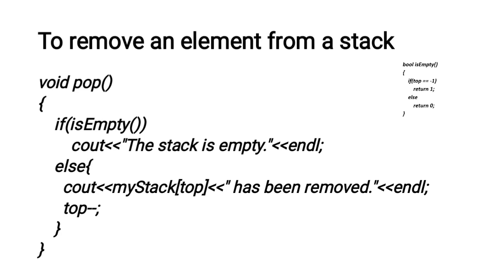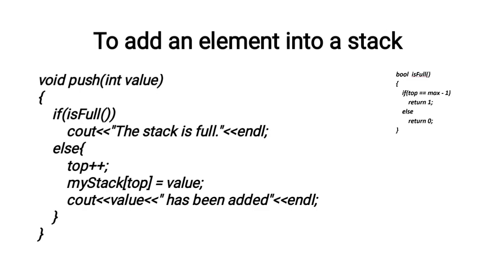Then if the value of top is equal to -1, it will retain 1 to say that it is true that the stack is empty. But if it is false, it means that we are going to the else part. Here, in the else part, we first display the message that says my stack at position top has been removed. Then we decrement the value of top. Then let me explain about adding an element to a stack.